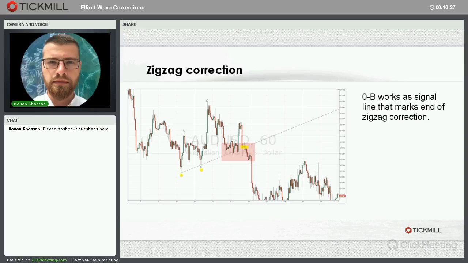So once you see that this wave is forming an impulse instead of a correction move, as you could have been expecting in the case of a zigzag correction with trend impulse, you would be able to enter the trade earlier.